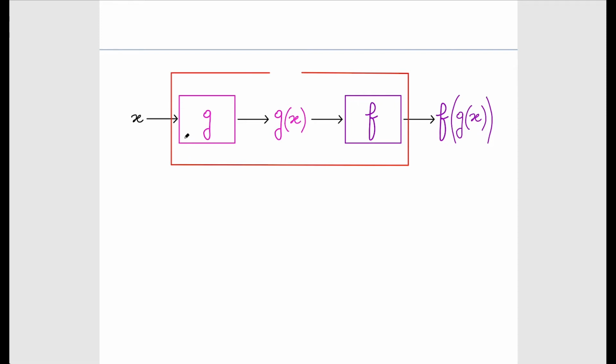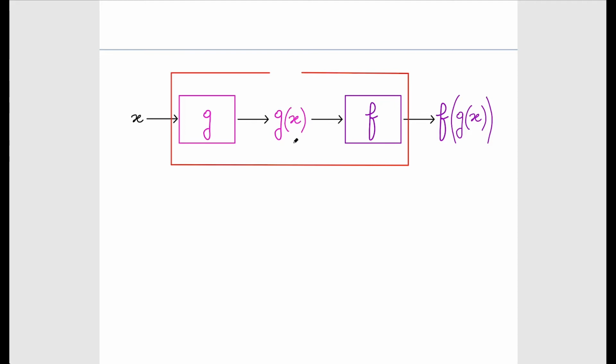Okay? So one more time. The red machine, the red box, operates as follows. You send in an x in it. That x hits g first. G is gonna operate on it. It's gonna produce an output, and we call the output g of the input, right? G of x. So that's the output.